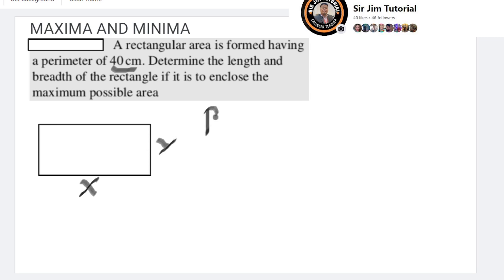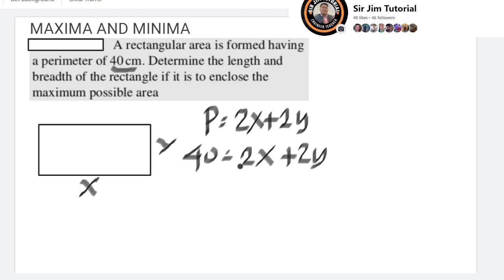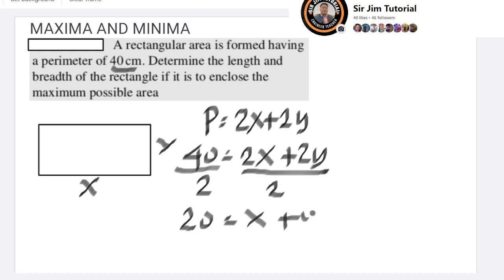So the perimeter is equal to 2x and 2y, which is equal to 40, so you have 2x plus 2y. Dividing both sides by 2, you have 20 is equal to x plus y. Now take note, what is the maximum possible area?